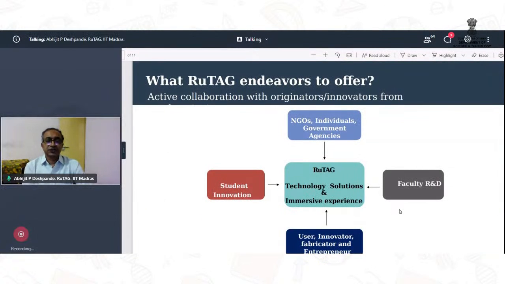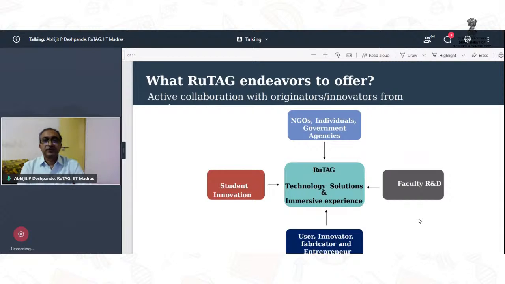So just to summarize, basically RUTAG experience has been, on one hand, to talk to NGOs, individuals, and government agencies to get a feed in terms of what the key technology needs are. We use faculty R&D and innovation and student efforts and innovation to try to come up with a technology solution.